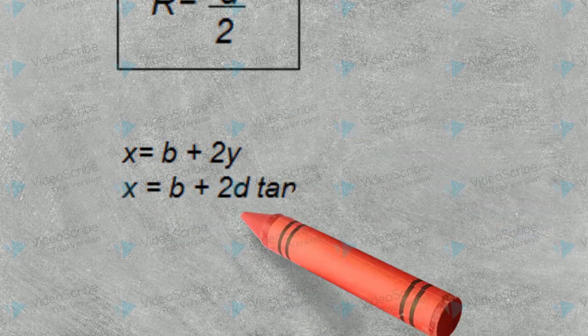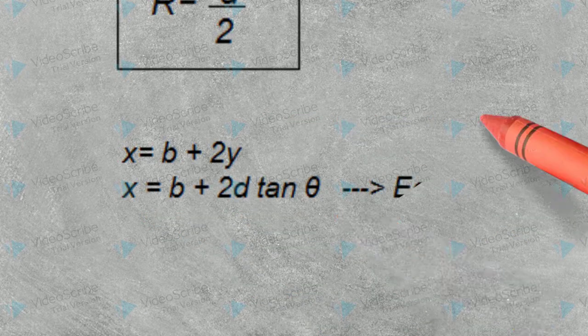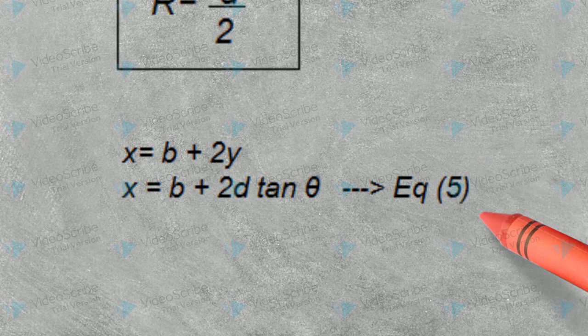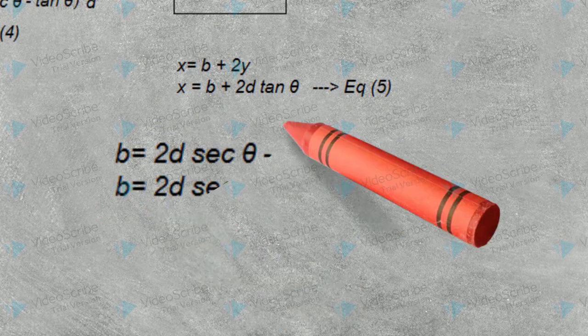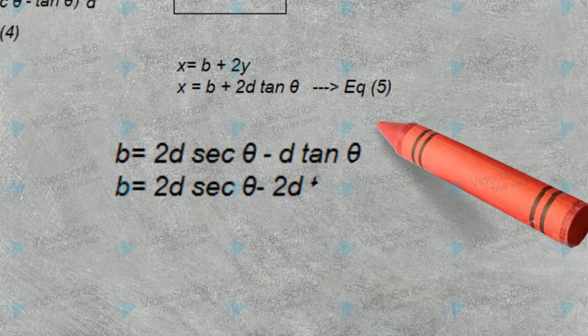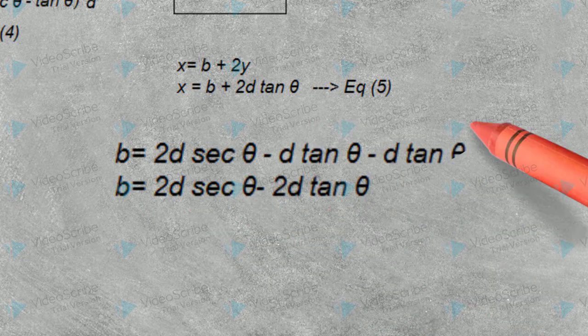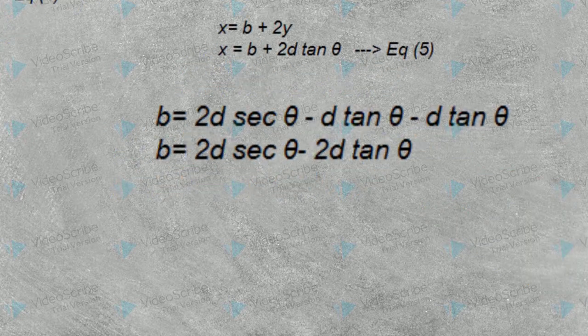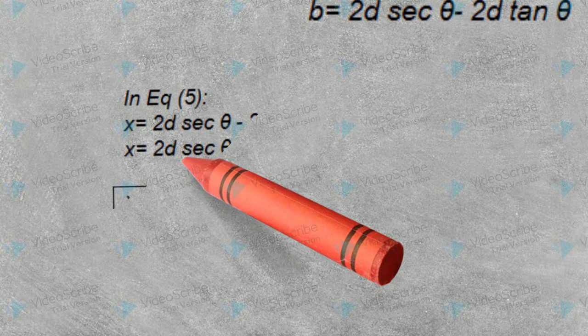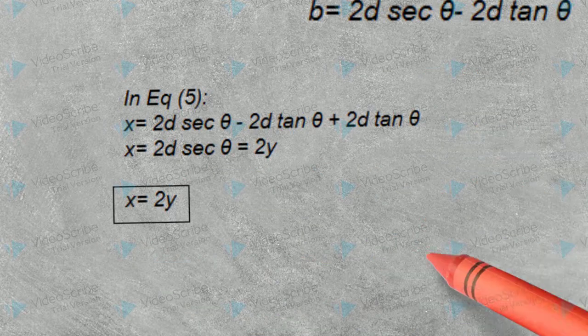So x is equal to base plus 2y, so x is equal to b plus 2 times the depth times tan theta. That will be equation 5. Base will be 2 times the depth times secant theta minus 2 times the depth times tan theta. In equation 5, substitute the value of b, and x now is equal to 2y.